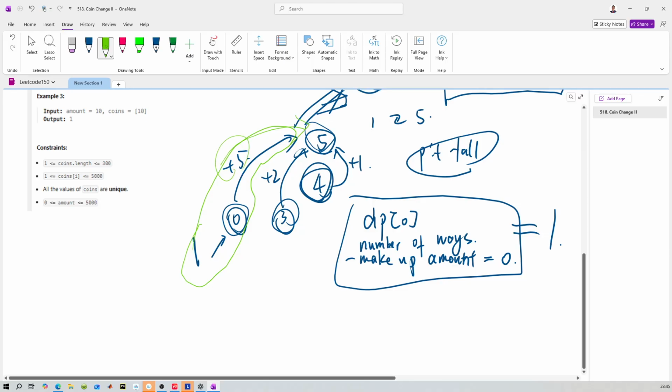And for number 3, there are ways of using coin 1, which is DP1, and then there are ways of using coin 2. So in this way, we know this one is 1. This one can be further decomposed into 1 and DP1.